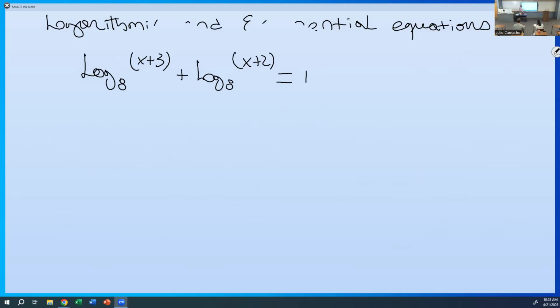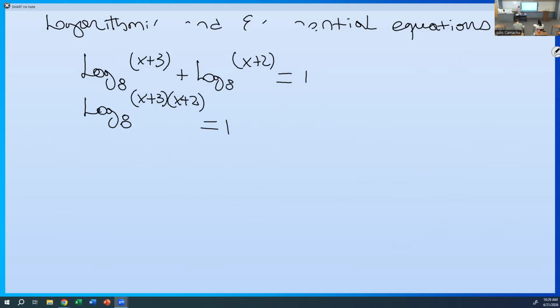So you need to reverse the product rule, because you need to have one log to go to exponential. Log base 8 of x plus 3 times x plus 2 is equal to 1. What will be the next step?